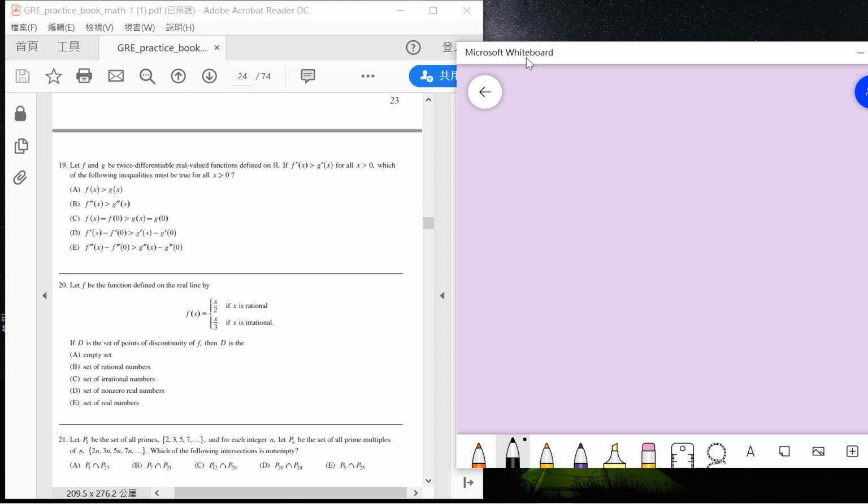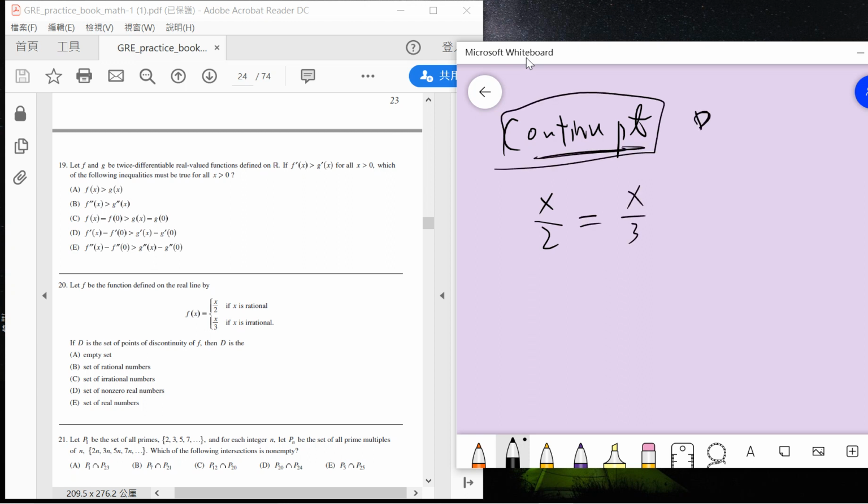This kind of problem is just a technique you need to remember. Okay, so question 20 is also a famous one that you might see in many GRE tests, with x rational and x irrational. A continuous point needs to have the property that the rational points and irrational points meet together, because rational and irrational points are always dense in R. So the continuity points are those satisfying this equation, and only one point is continuous: x equals 0.